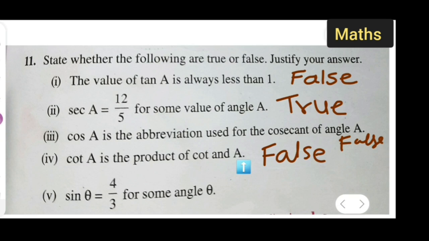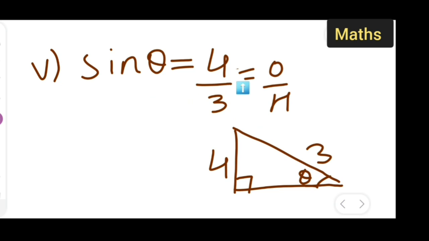Now we have the last statement: sin theta is equal to 4 upon 3 for some angle theta. So let us see this. Sin theta is opposite upon hypotenuse. So the opposite of theta is 4 and the hypotenuse is 3 over here.